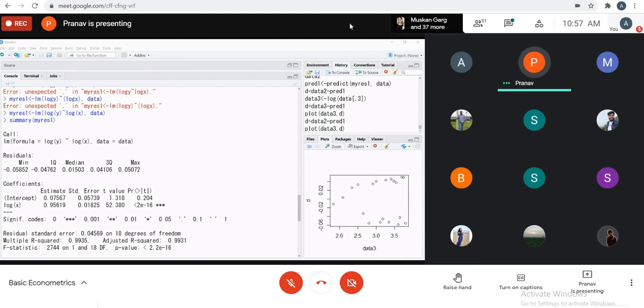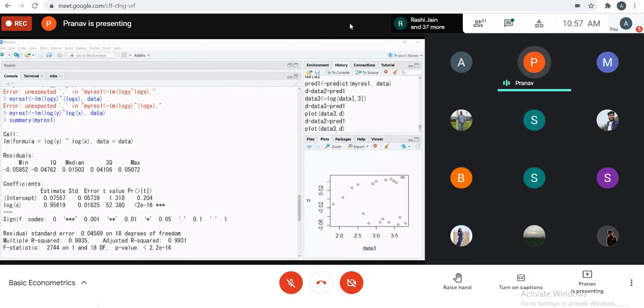So, the purpose of this exercise was to tell you that the first point that we have to always do, after we have run the model, is to analyze the graph of the residuals. Because all the assumptions are on the residuals, on your errors: the residuals must have mean zero.